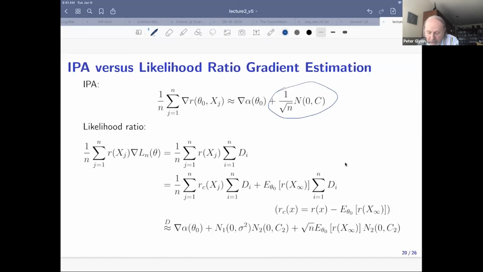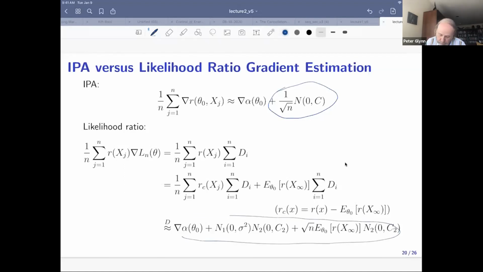So in other words, the standard canonical convergence rate for Monte Carlo, namely errors go down at rate 1 over square root of n. When you apply the likelihood ratio idea, the errors are much, much larger. Now, it's the case that likelihood ratio methods would be applicable in much greater generality, but along with that greater applicability comes much larger variances, and you can see that through this last line.